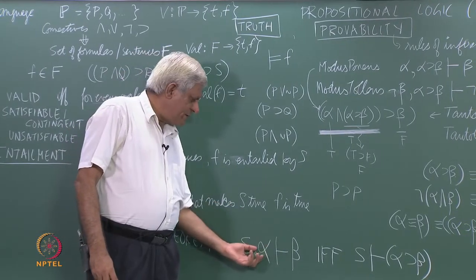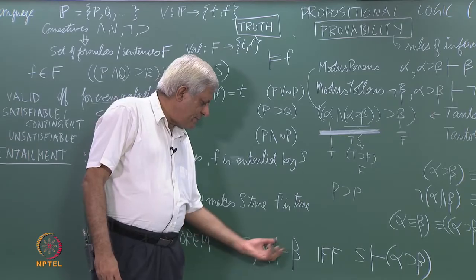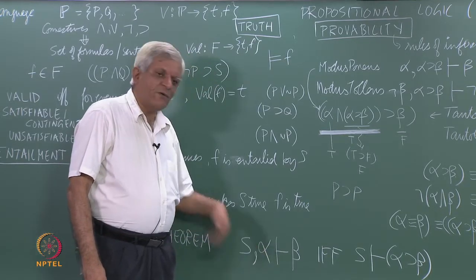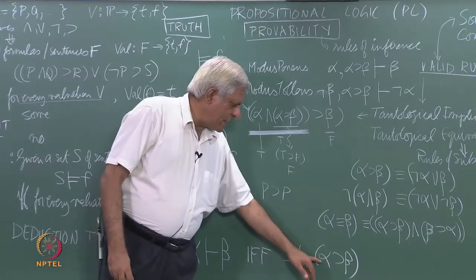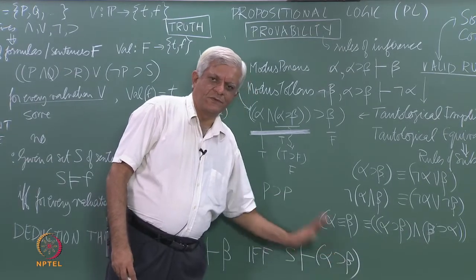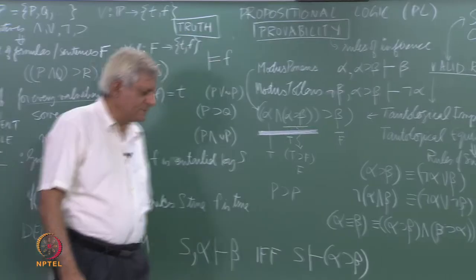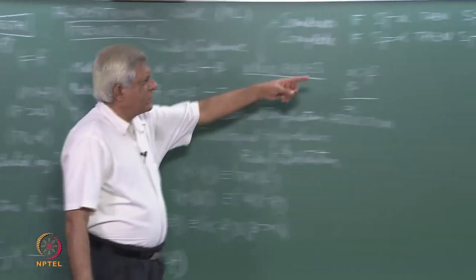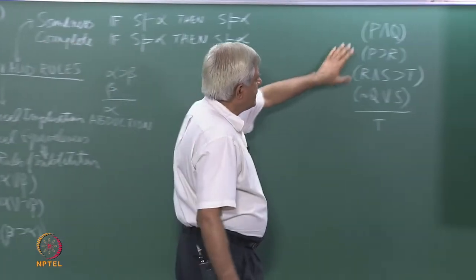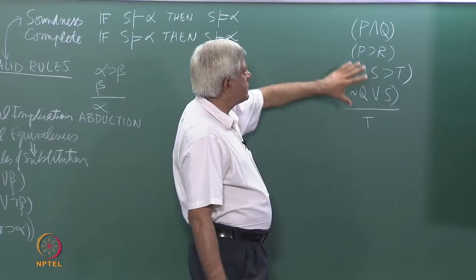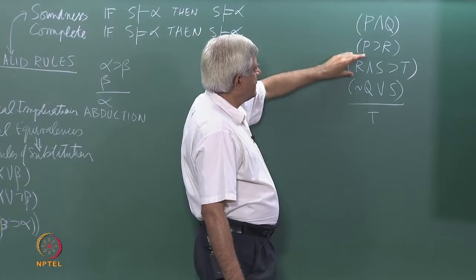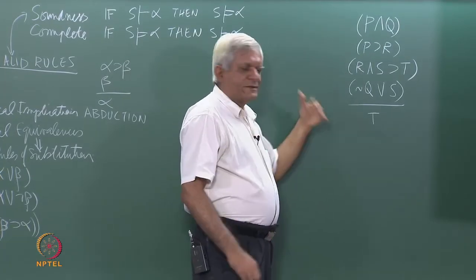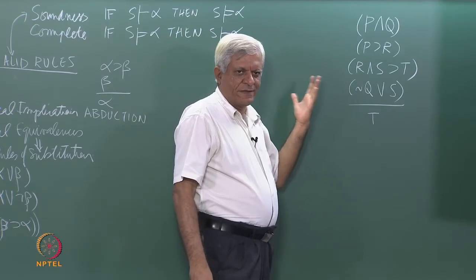Now, this S could be an empty set, which means that if you want to show that beta can be derived from alpha, then you can equivalently show that this formula alpha implies beta is true. So, in other words, if you want to show that this is true, this amounts to showing that this and this and this and this implies this. If I construct a large formula, then that is true or a tautology.